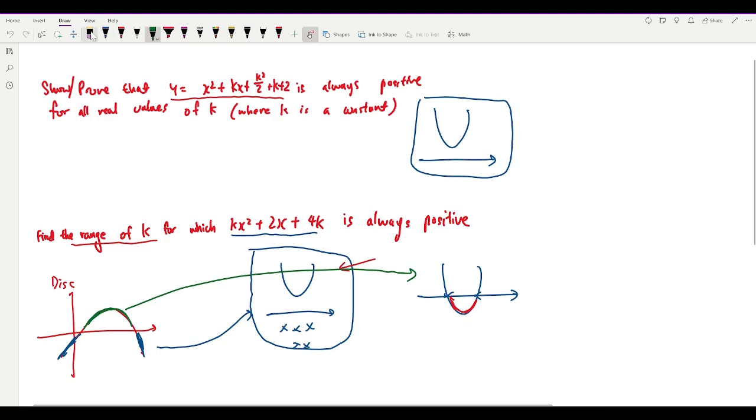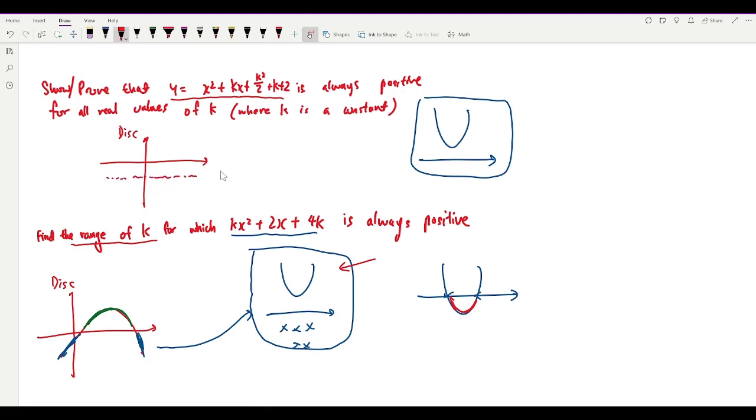All right. How about the question on top then? For the question on top, you're asked to show that the curve is always positive for all real values of k. So this implies that your discriminant is always negative. The easiest case is if your discriminant is a constant value and it's negative, let's say -5. That will imply that no matter what the values of k are, your discriminant is always going to be negative, which proves this case.